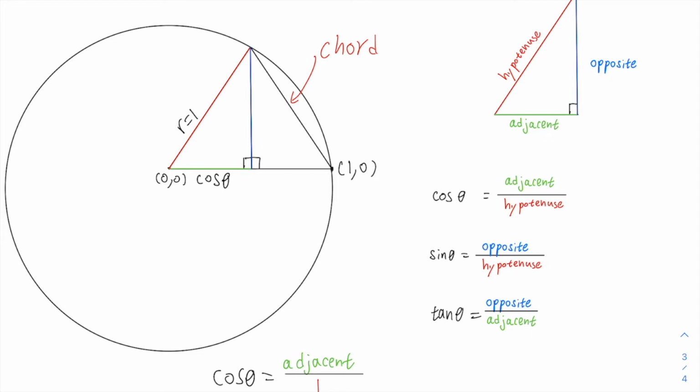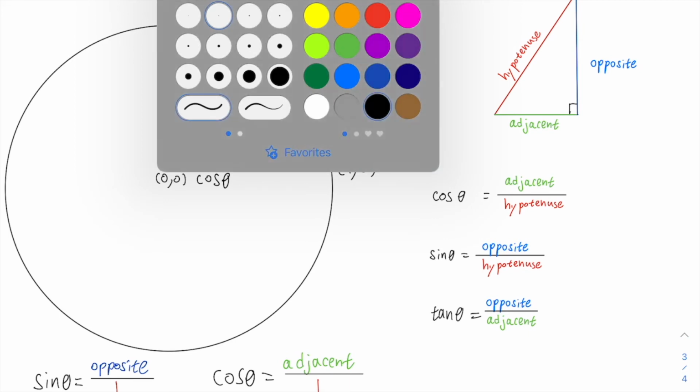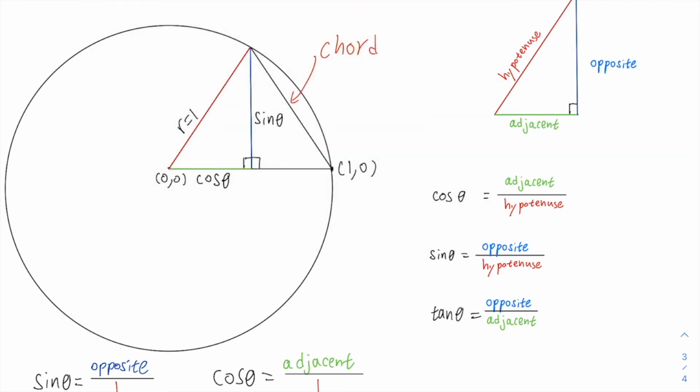So this is equal to adjacent, and here is sine theta, because sine theta is equal to opposite divided by the hypotenuse, which is 1. So it's equal to opposite.